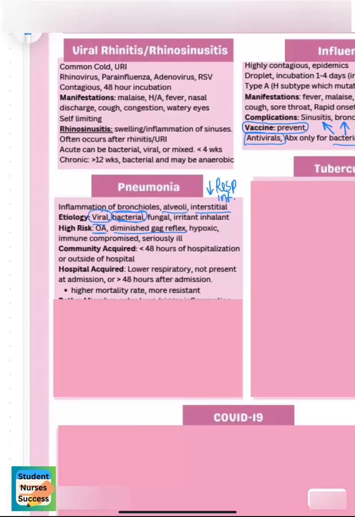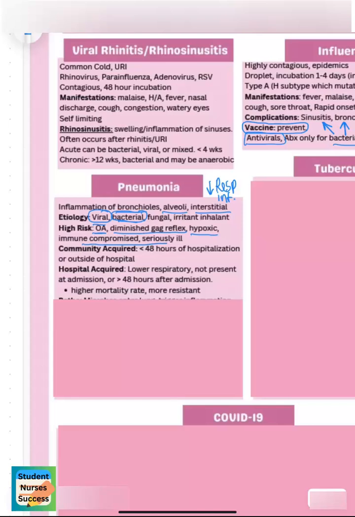That can harm the lungs, change the situation in the lungs, and leave you open to the development of pneumonia. Patients who are hypoxic, maybe those with COPD or chronic lung disorders, are at increased risk of pneumonia as well, along with the immunocompromised and the seriously ill.